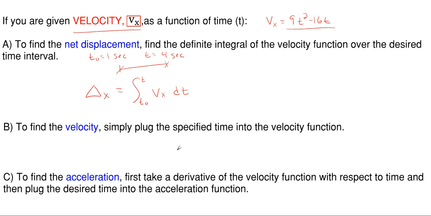That would pop out your overall displacement amount. Okay, not terrible at all. To find the velocity, this is very simple. Just plug your specified time into the velocity function. So if it says, what's your velocity at 4 seconds, you would just plug 4 seconds into this equation, and whatever pops out as your answer would be the velocity at that time.